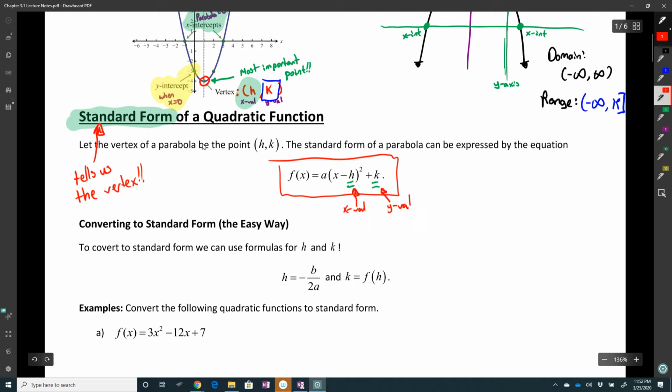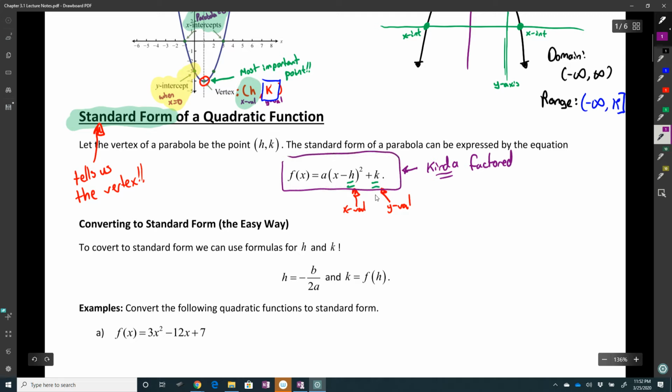So that's why we love this form. Notice it's a little different. It's kind of quasi-factored. The reason why I say kinda is there's the plus k at the end. So it's not a complete factorization. It's just kind of factored with a little left over plus k at the end.